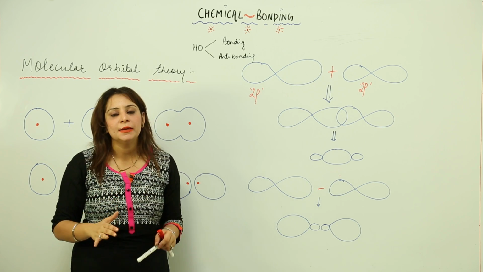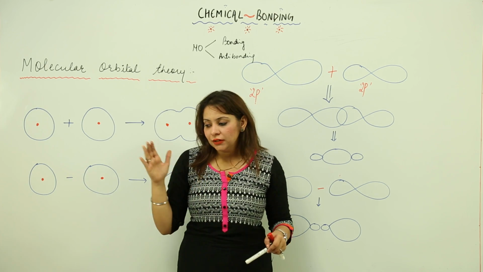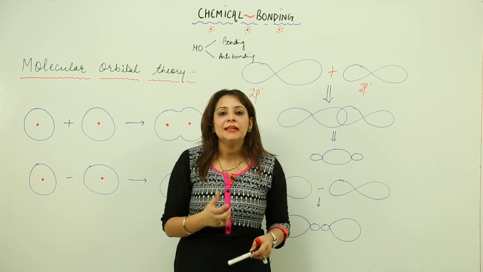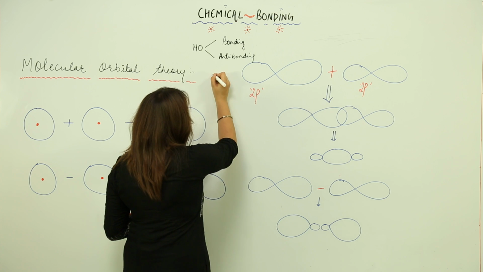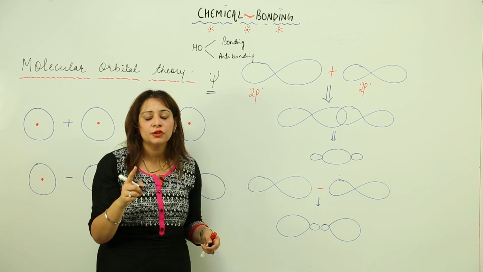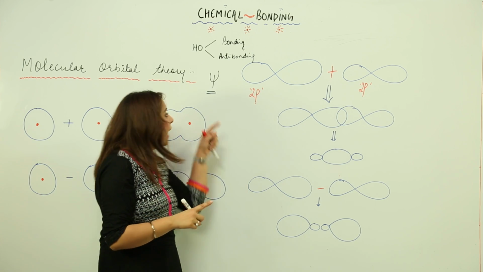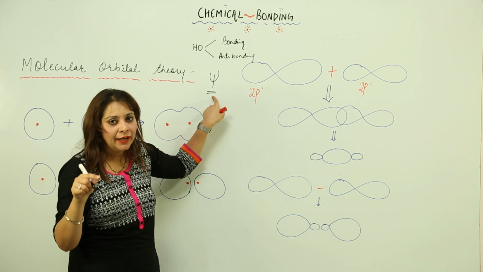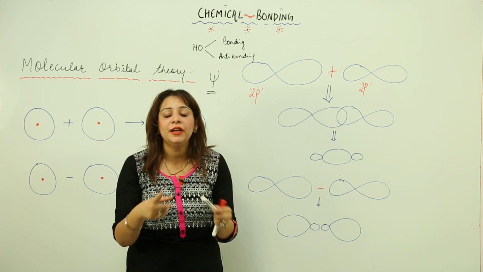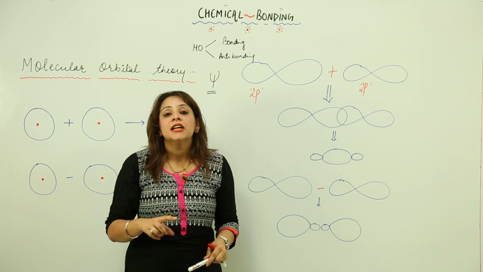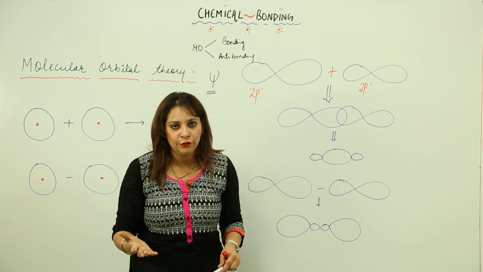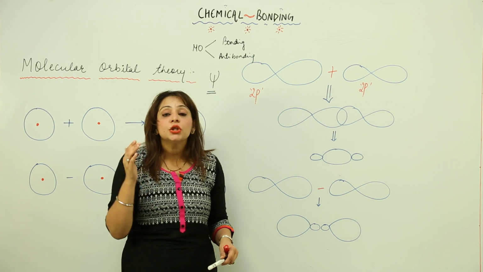The reason is very simple. When we were discussing quantum mechanics, we studied that an electron behaves as a wave when it is moving. So it possesses a wave function, and the wave function is given by psi, right. We know that waves can be in phase or not in phase, so there can be constructive interference and destructive interference, right.